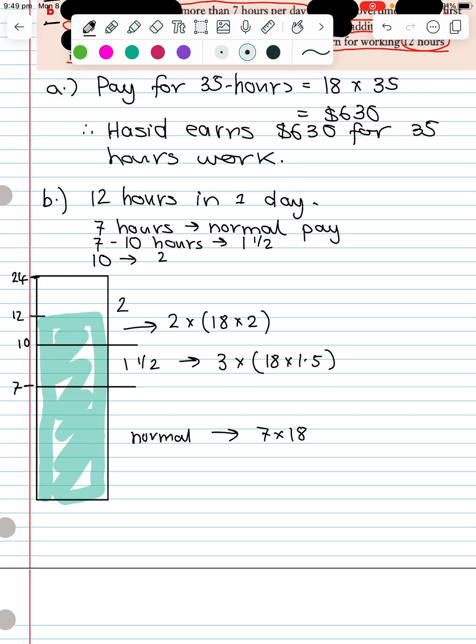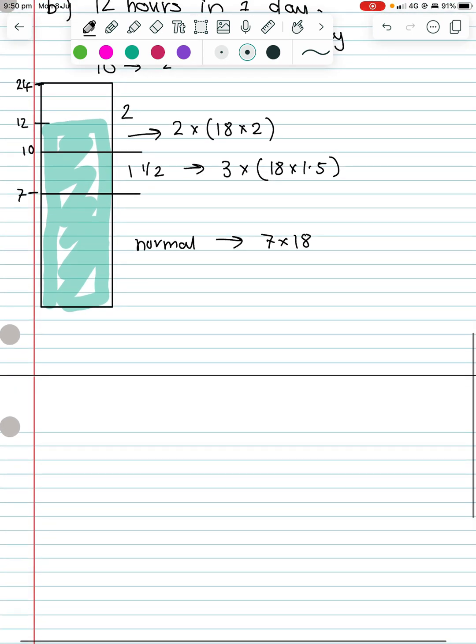Again, I might have just made this way more confusing for you than needed. If you can just do this next line, I'm happy for you to do that. You don't need to draw a picture. But if that helps you, then I am more than happy for you to do that. So we're going to say pay for 12 hours.